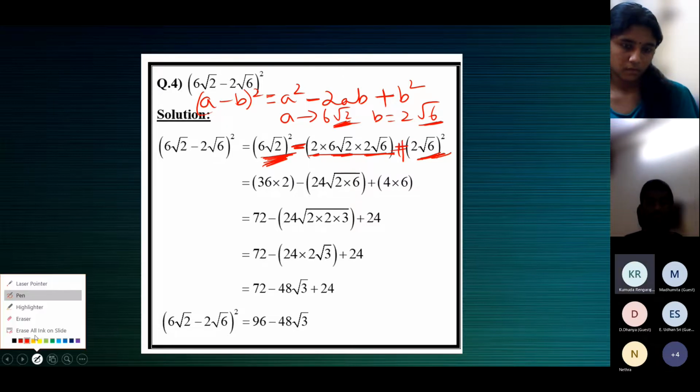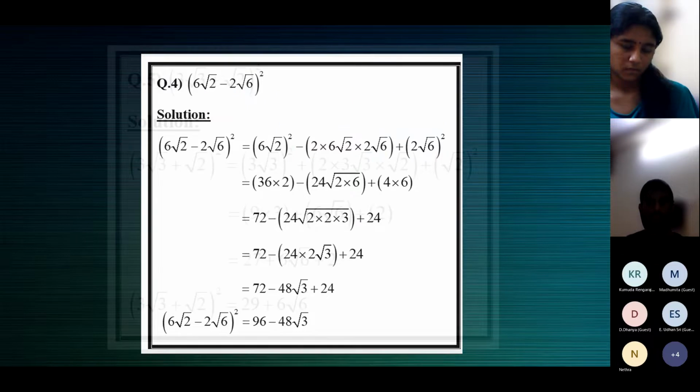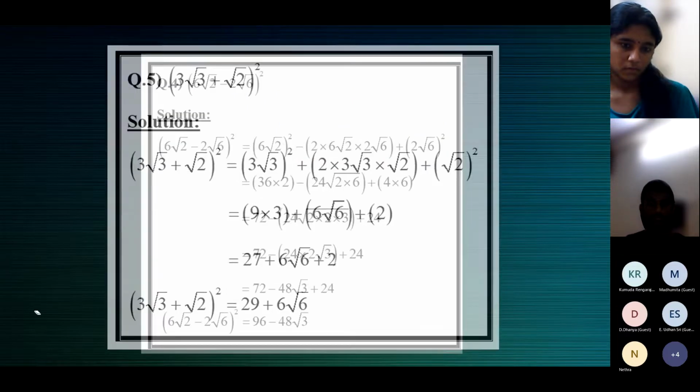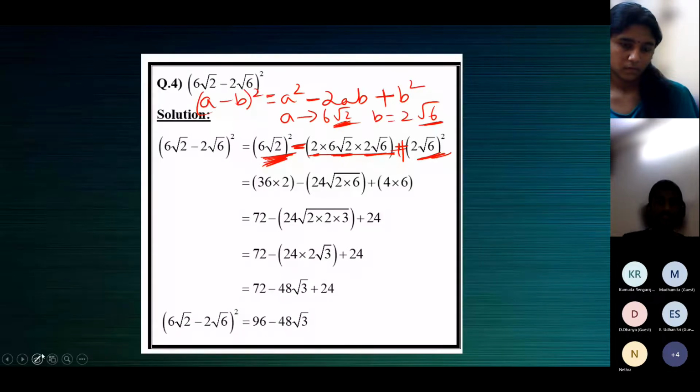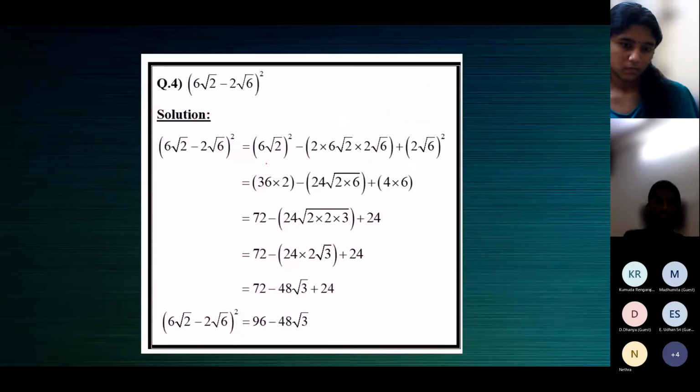Now how to simplify? 6 into 6, 36. Root 2 into root 2 is 2.